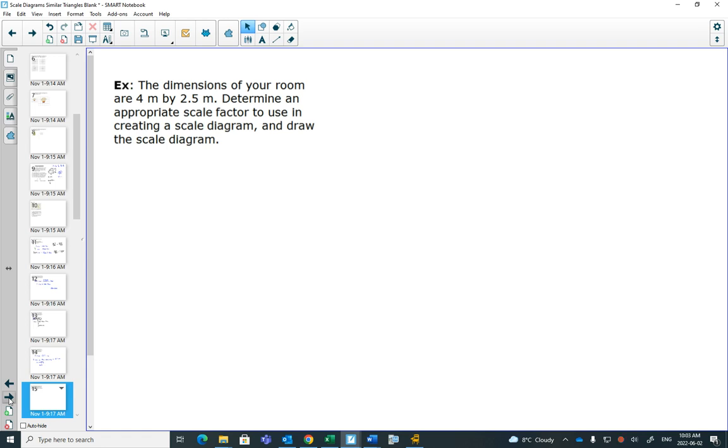You're thinking most of them are measured in feet. The standard room is around 10 feet by 10 feet. So 4 meters is around 12 feet, but 2.5 meters is around 7.5, 8 feet.